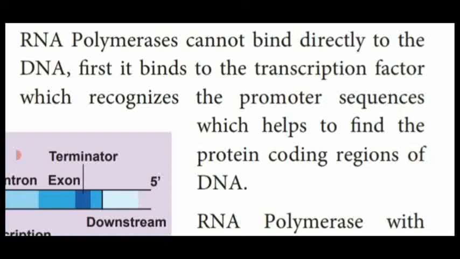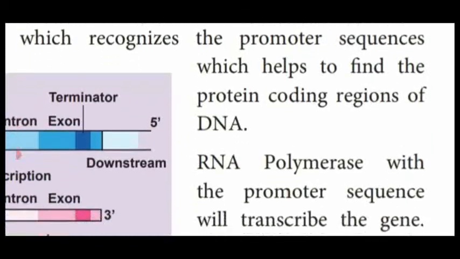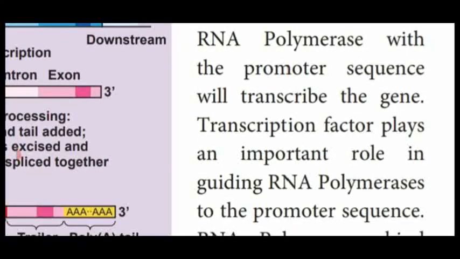The general transcription factor, which recognizes the promoter sequence, which helps to find the protein coding region of DNA. Then only the RNA polymerase with the promoter sequence will transcribe the gene.